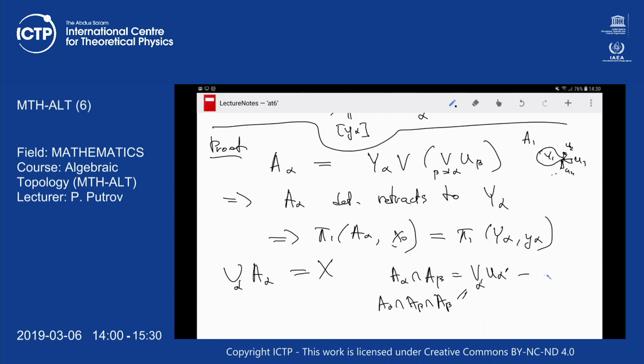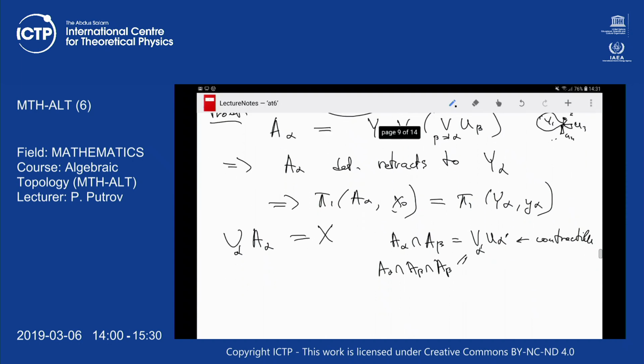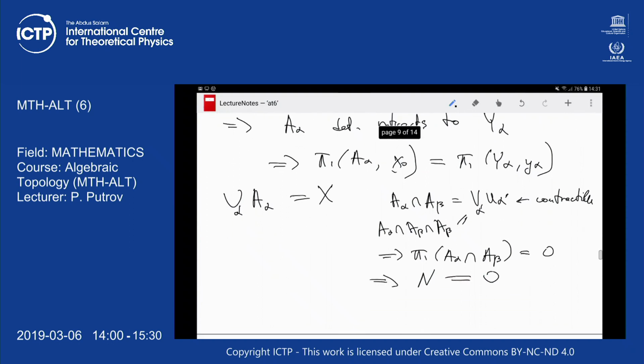And this is contractible because it deformation retracts to a point. So in particular, pi 1 of any pairwise intersection is trivial. And from this it follows that N in the definition of Van Kampen's theorem is a trivial group.